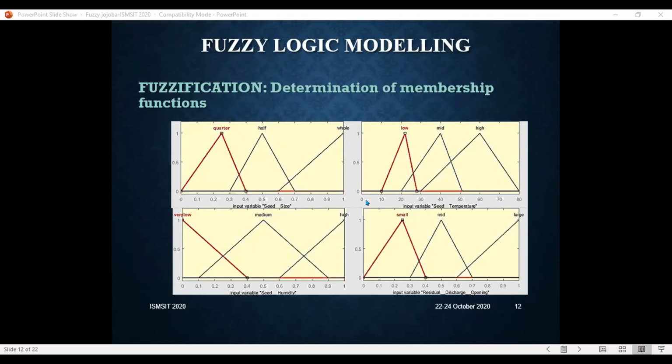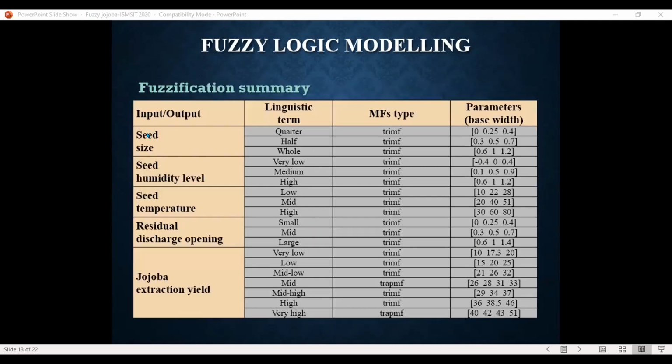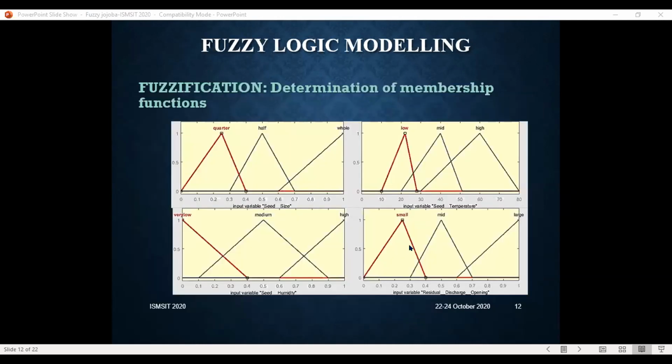I have noticed now, I'm very sorry, that I forgot to add the output values. So this is also a summary of fuzzification. We are giving linguistic terms, those are the membership functions, and those are all triangular membership functions.